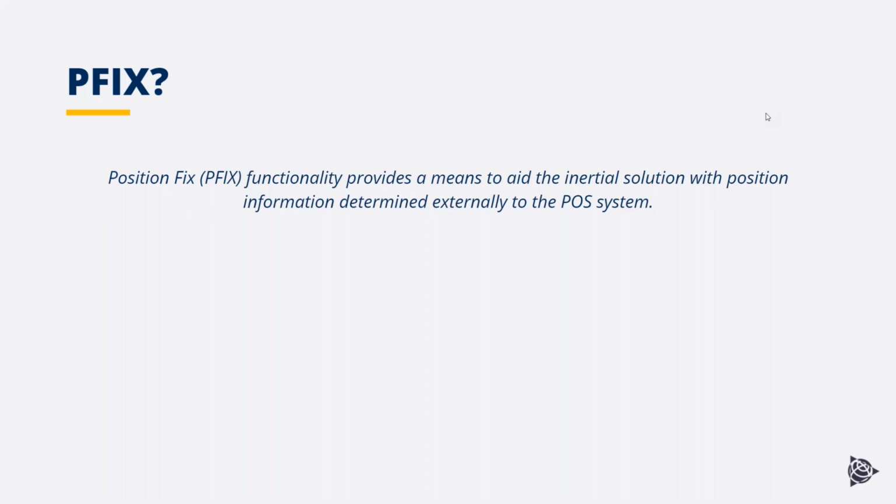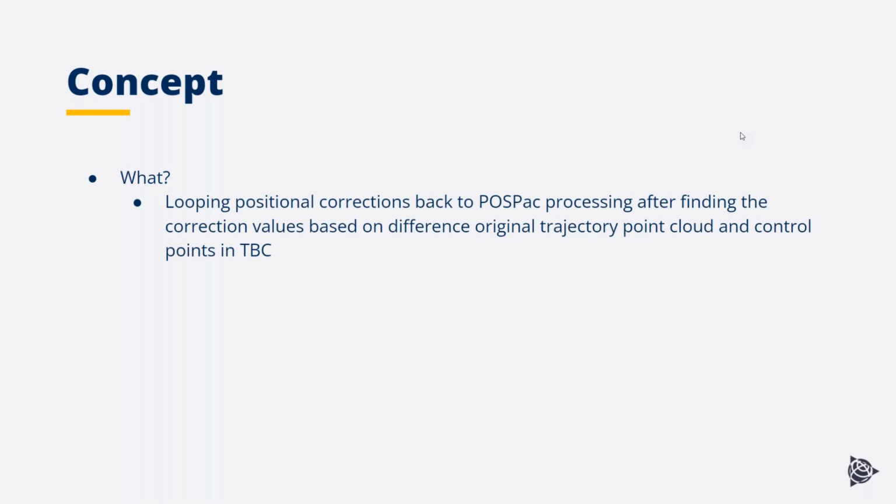Basically, today we are talking about one kind of registration. It's different from the registration we would do in TBC, but you will learn about this in the next slides. The concept here is that we are looping positional corrections back to POSPac processing after we have found correction values in TBC, which are based on the difference between the original trajectory, point cloud, and control points.